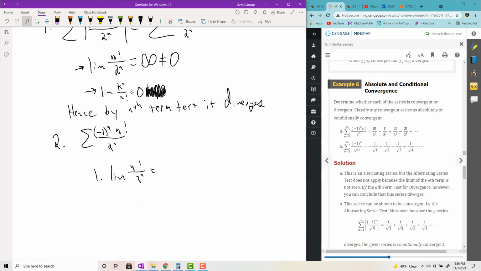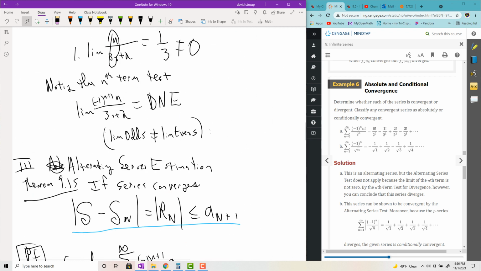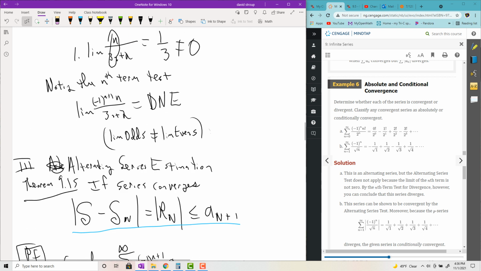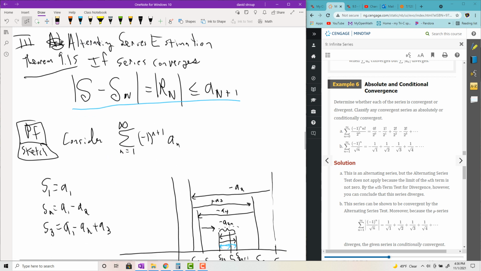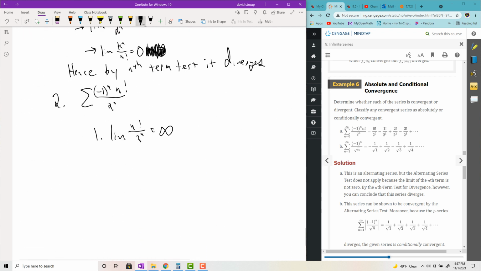We just said that equals infinity. And if you remember back here, I said that when that happens, when that first step fails, you can go ahead and conclude that the series will diverge. Okay, so hence this series diverges.